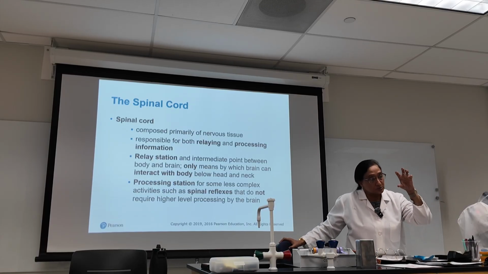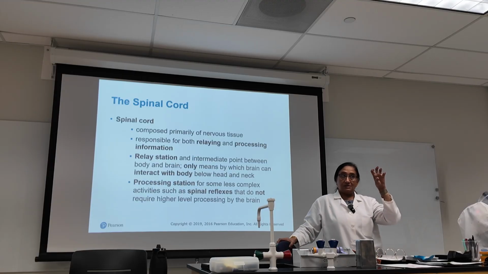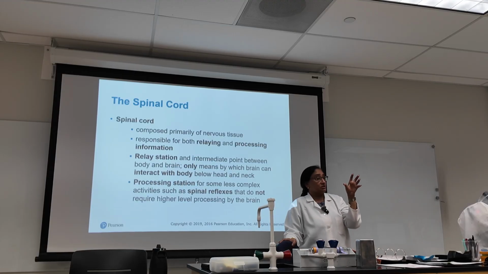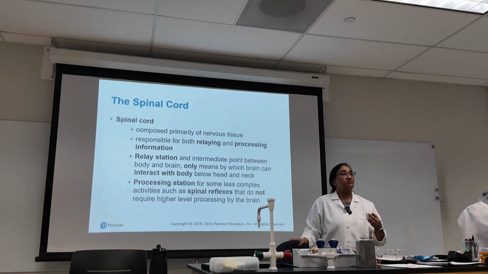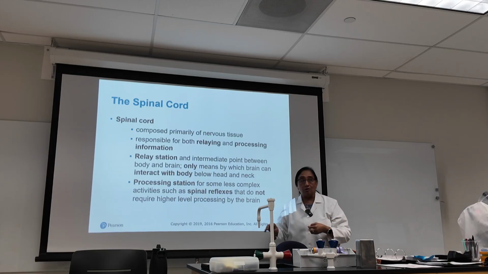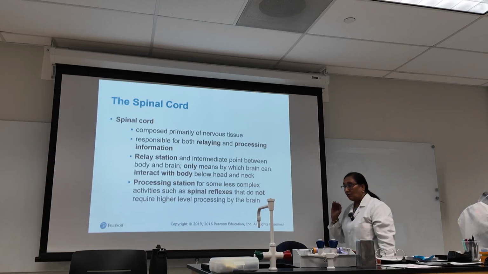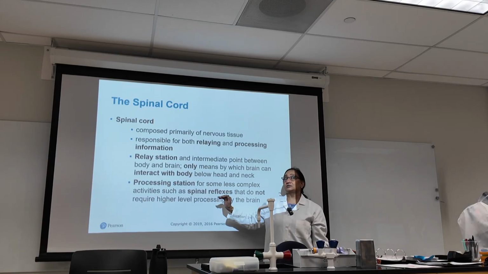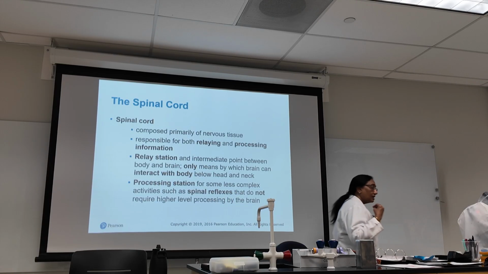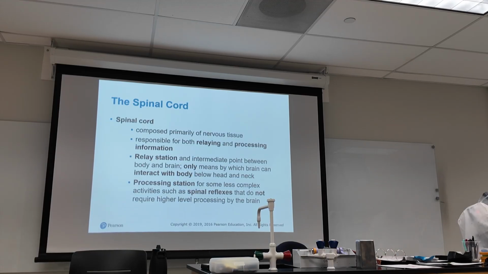The spinal cord can function as a boss. It can control certain functions. Although the brain is the highest level of control, the spinal cord on its own can also process some information and perform the function. These are called spinal reflexes.